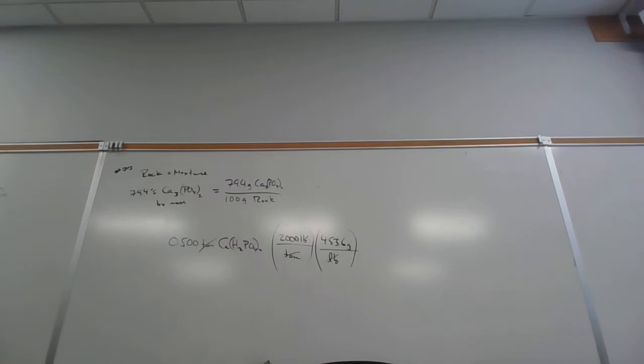So calcium's 40.08. How many hydrogens do I have? 2 times 2, so 4 hydrogens, 4.04. How many phosphoruses do I have? 2. It's 30.97 times 2.